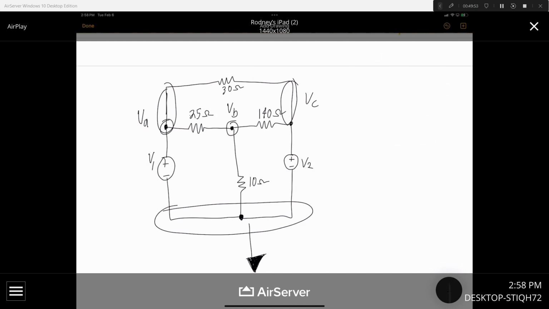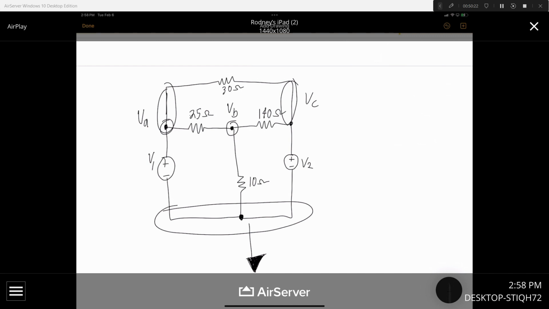And I agree with that, because there's nothing in between these two nodes here and here. There's only a given voltage source. And a voltage source in a circuit, without any resistors in the way, is equal. There's nothing absorbing the power or voltage in between. So we know V1 and V2 already.